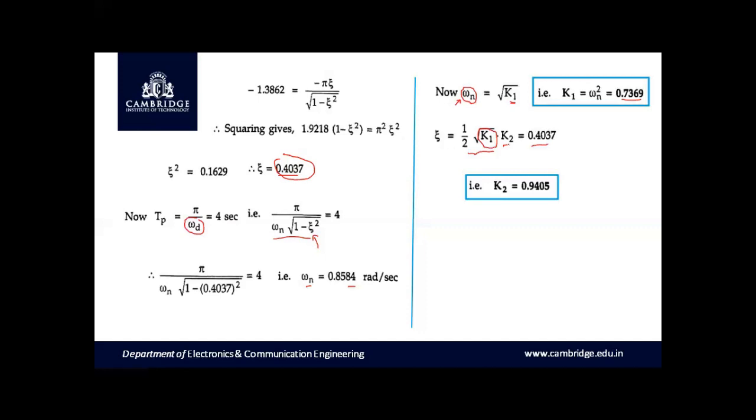Then we represented omega n and zeta, and making use of MP and TP, we have obtained the value of omega n and zeta. Once after obtaining omega n and zeta, by substituting in the comparison equation, we have obtained K1 and K2.